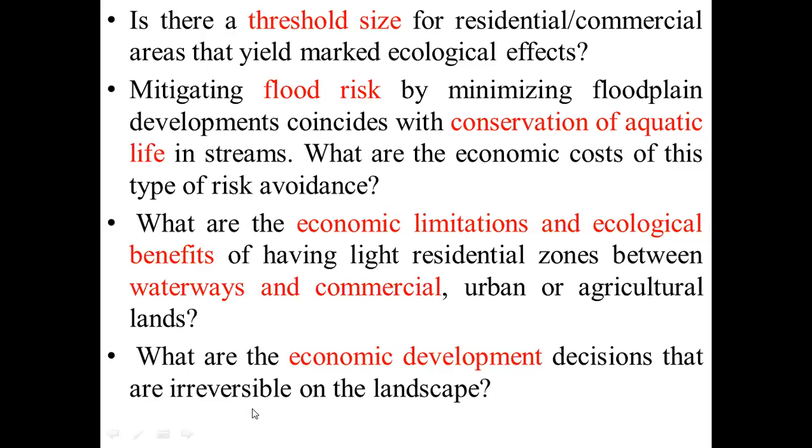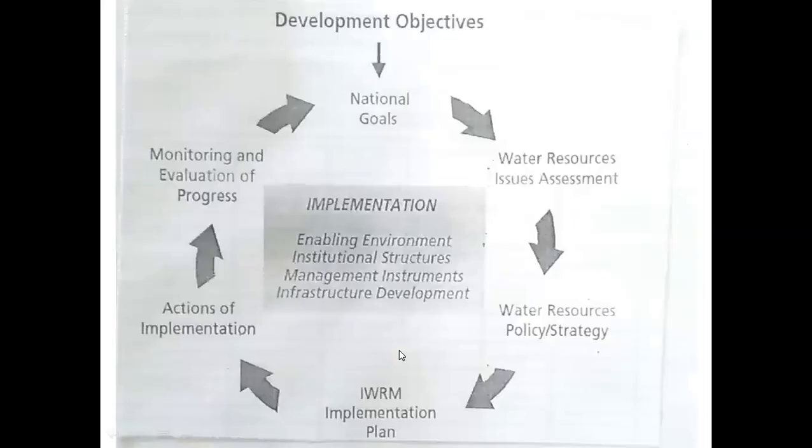Then what are the different economic developments? Economic development is made by decisions which are irreversible on the landscape. So if you're trying to develop the landscape, which is irreversible, it has to be economic development also.